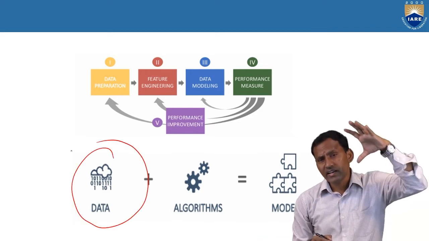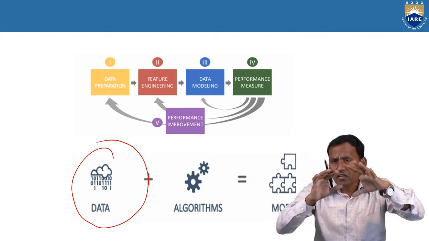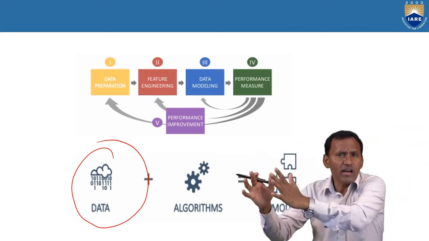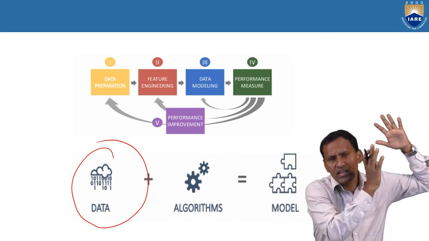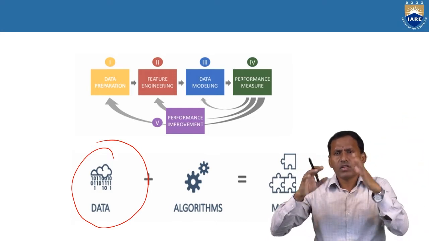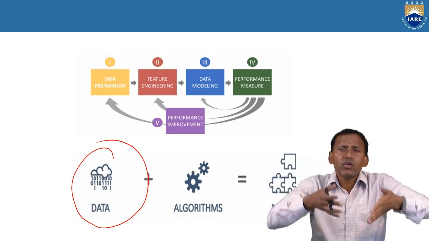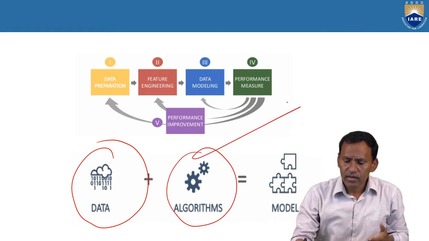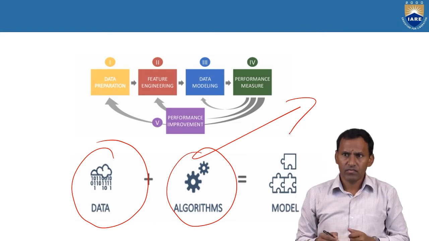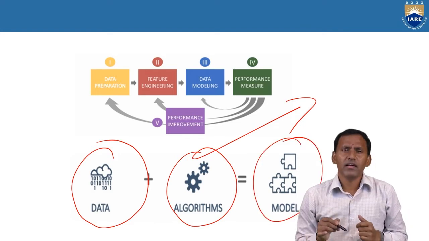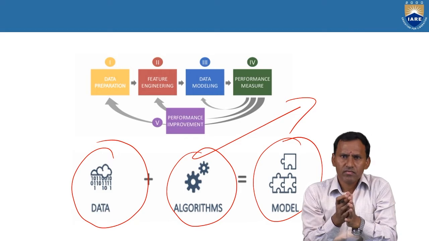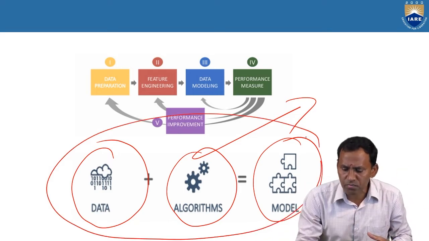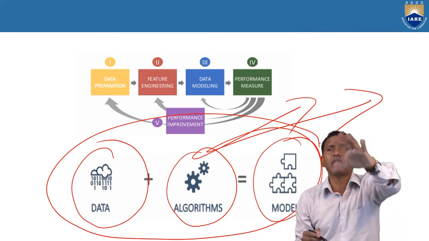We have to gather the data from different sources based on the particular project, the particular learning algorithm, and the type of machine learning algorithm you are using. Then choose the learning algorithm, train the model and build it. How we can perform all these processes, we'll discuss one by one.